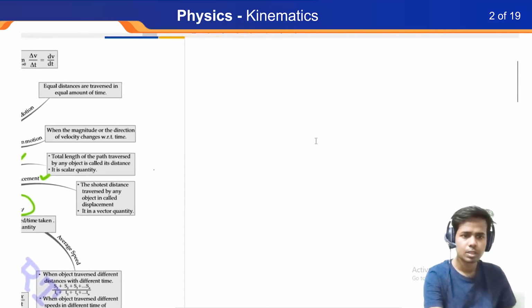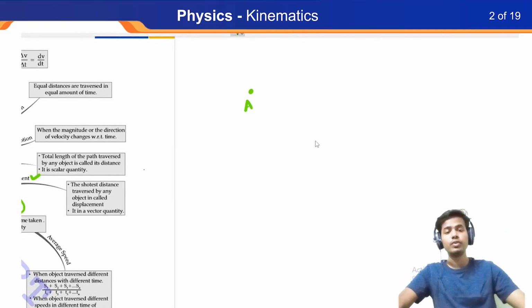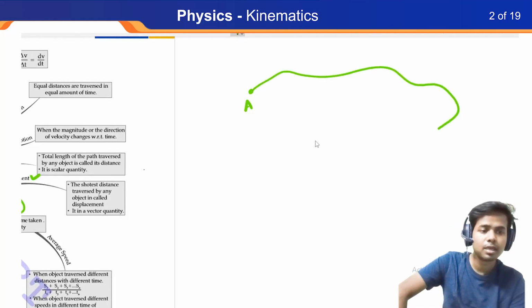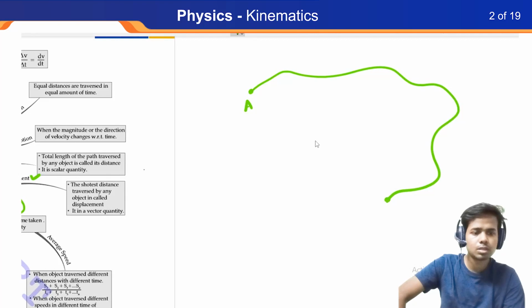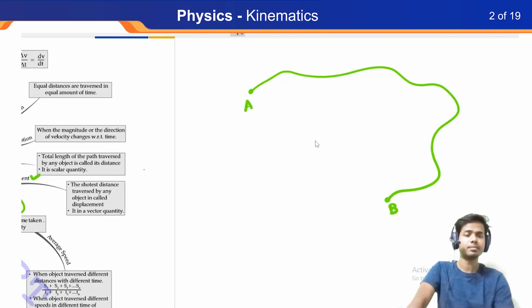Yes. Let's say there is this particle A, or a particle which is at a position A, and it starts to move in some random path till point B.